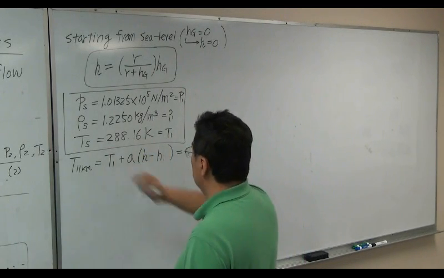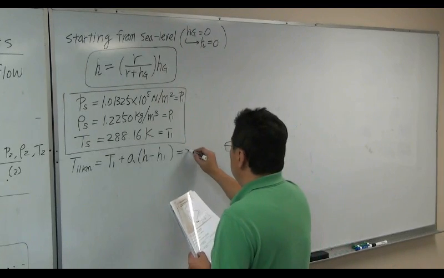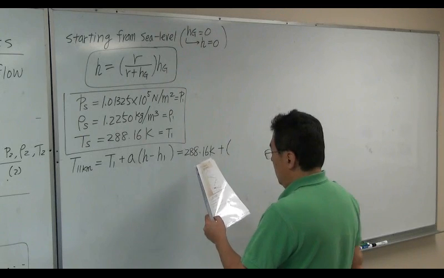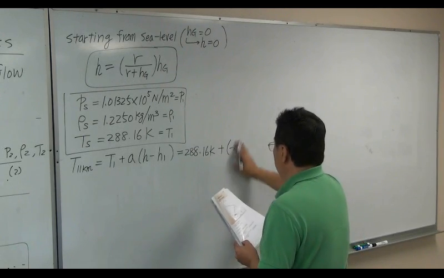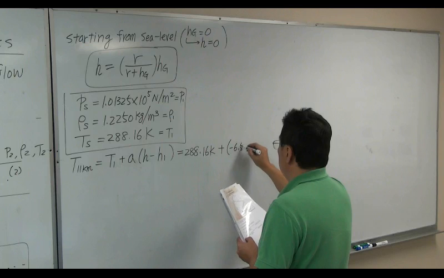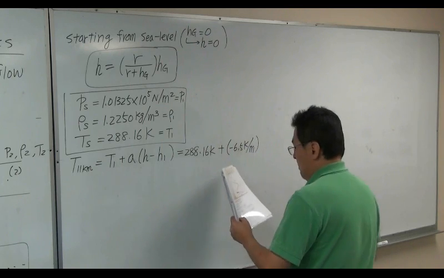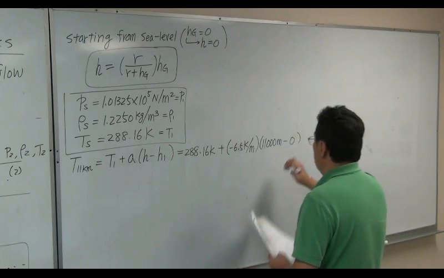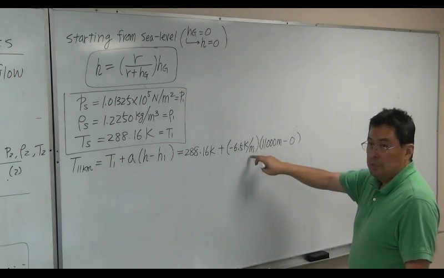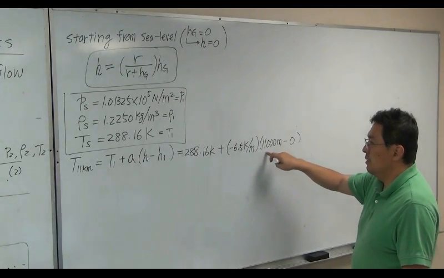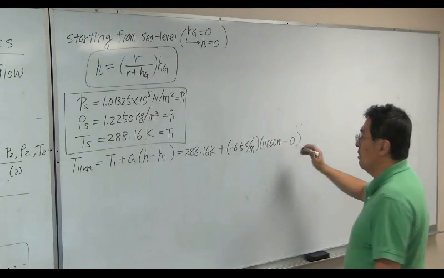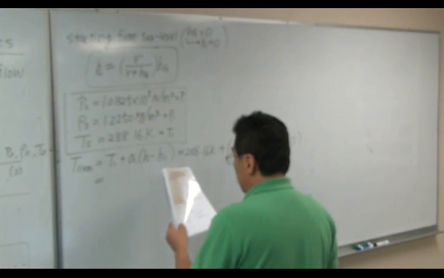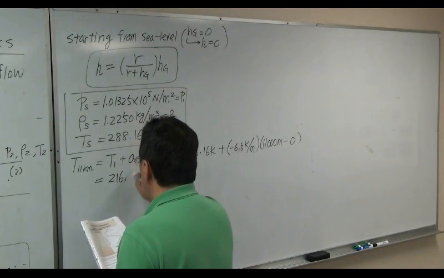T1 is, of course, sea level TS, so 288.16 Kelvin plus A, which is minus 6.5 Kelvin per kilometer, multiplied by 11,000 meters minus 0. You cannot use kilometers because this is meters. Okay, let's be careful. Plugging in 11,000, not 11. Common mistake. So this actually gets you temperature at 11 kilometers is 216.66 Kelvin.